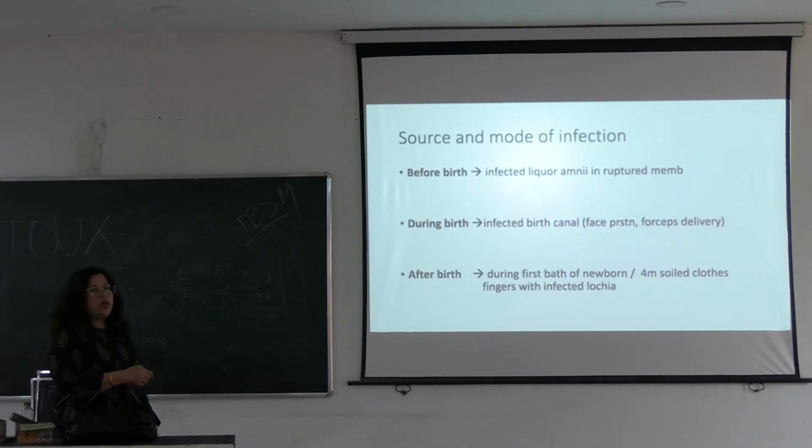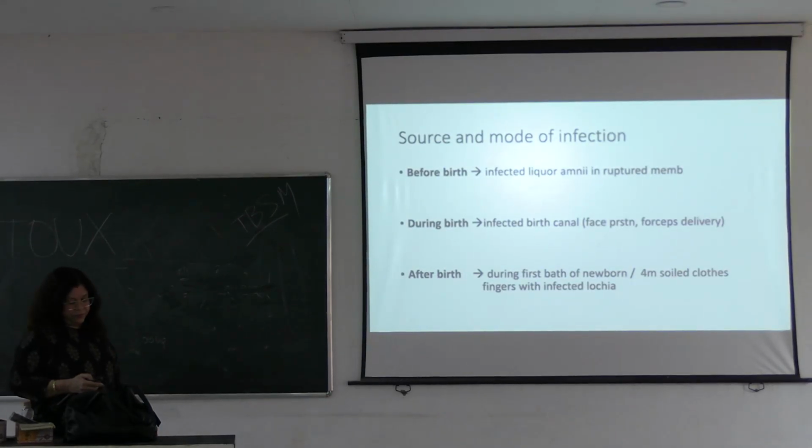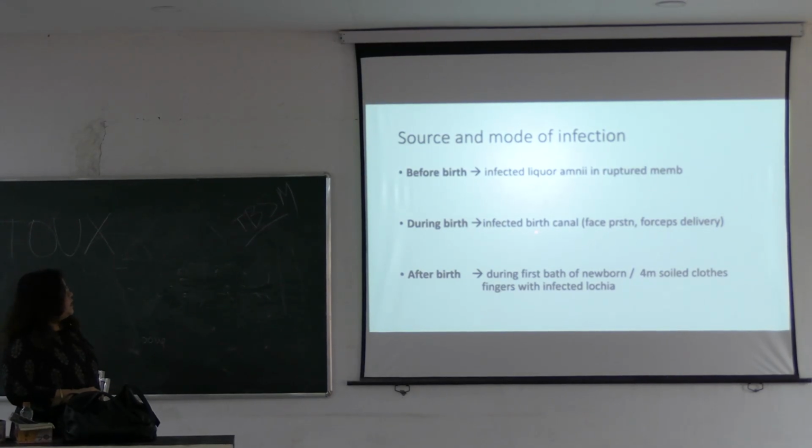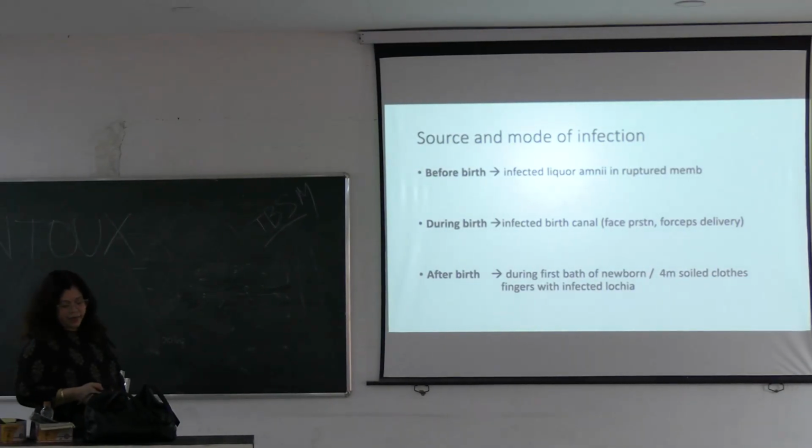According to the mode of infection, it affects before birth, during birth and after birth. Before birth, infected liquor amnii; during birth, infected birth canal; and after birth, during the first bath of the newborn, from soiled cloths, fingers and infected lochia.